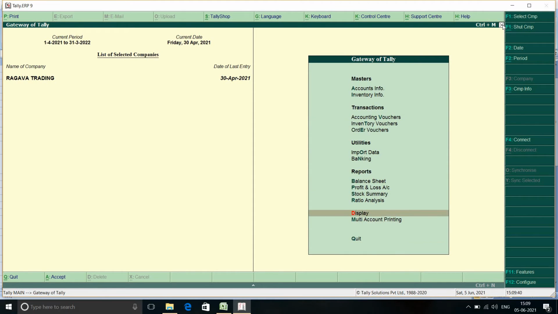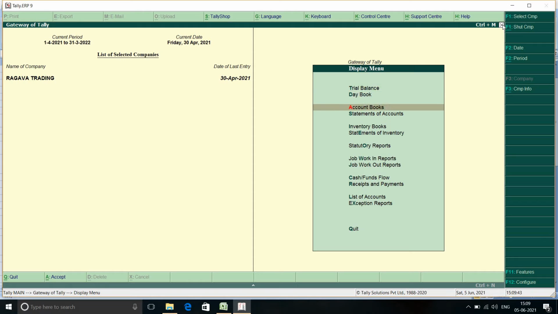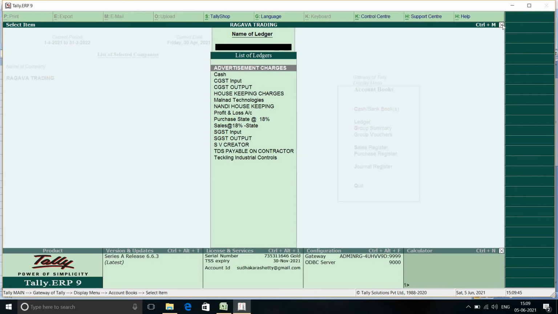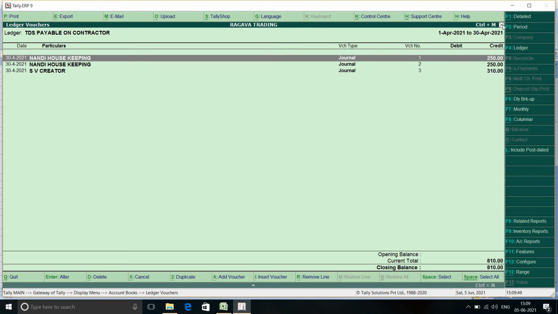Now you can go and see the account book, ledger, TDS payable on contractor. Earlier we passed one entry, plus another two, a total of 810 rupees we have to pay.